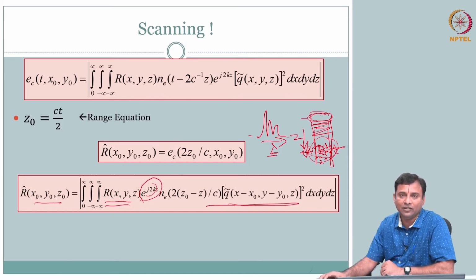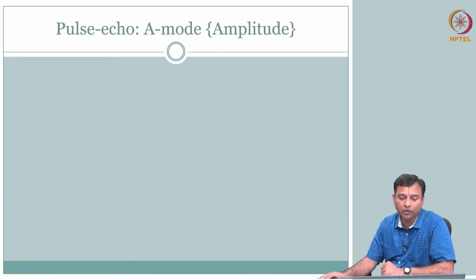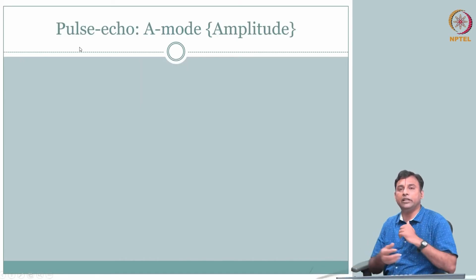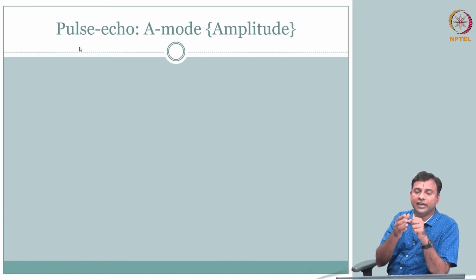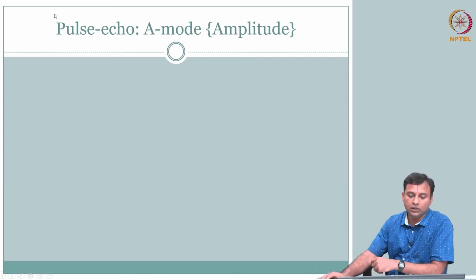A direct extension of this is: I do the scanning, so how do I want to form the image? Before we do that, what are the modes in which we can use this transducer, or rather, how has this knowledge of generating a pulse, sending it, receiving it and getting the echo been used?